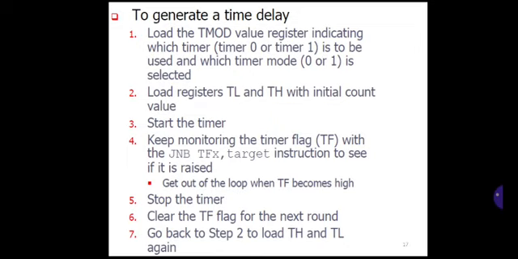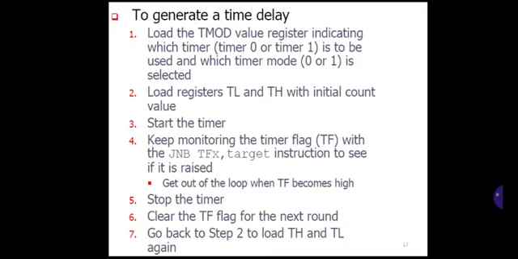So whichever timer you select, load the initial value into TH and TL. Then start the timer. How to start the timer here? The timer can be started with the help of the instruction SETB TR0 or SETB TR1 for timer 0 and timer 1 respectively.